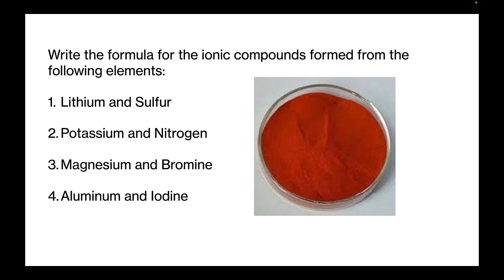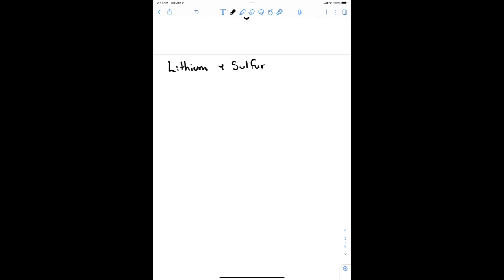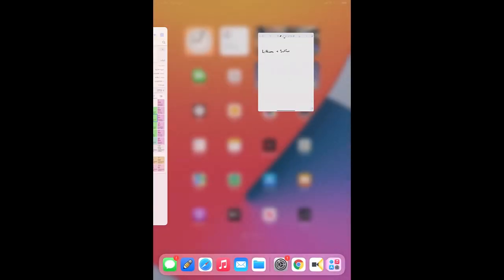So we're going to do a couple of practice problems here. We're going to write the formula for ionic compounds that form from the following elements. Alright, so the first compound that we're going to form is a compound that forms between lithium and sulfur. And so the first thing that we're going to do is find lithium on the periodic table.